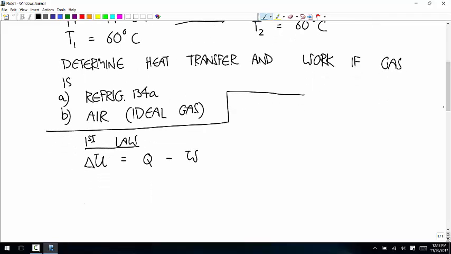And then what else do we know? We know that T ds is equal to du plus P dV. And we know the other one, T ds is equal to dH minus V dP.